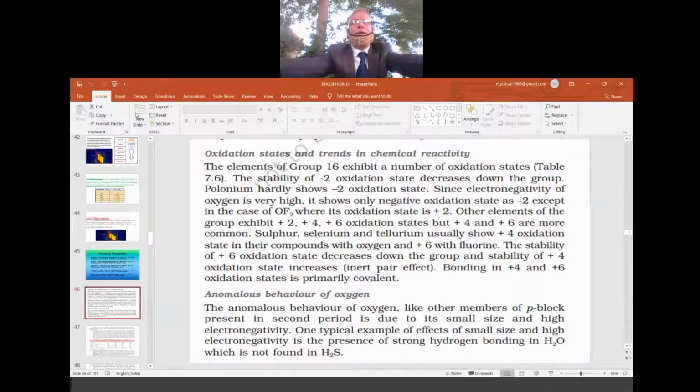Taking the example of oxygen, 1s2, 2s2, 2p4; 4 plus 4 is 8, atomic number 8. In the 2p4, we have 2px2, 2py1 and 2pz1, so they have 2 unpaired electrons.